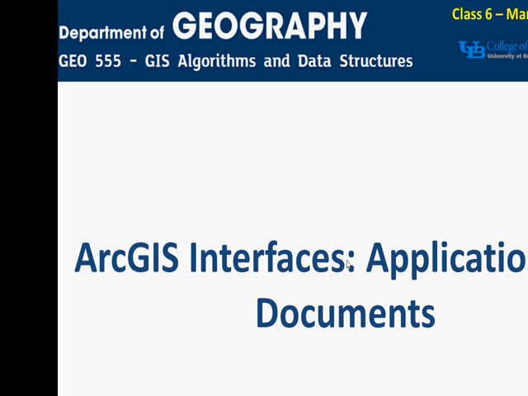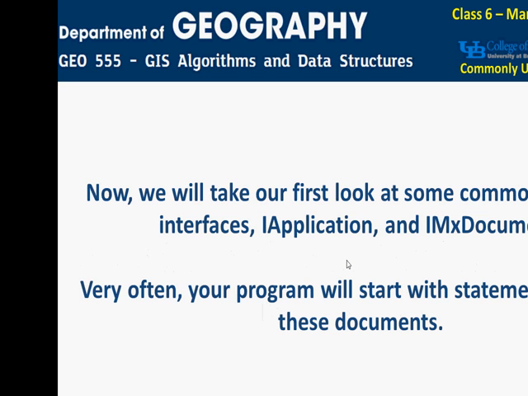So now we're going to start working with specific interfaces and classes that you will use on a regular basis in our project. Two of the most commonly used interfaces are very often the two you'll start your program with, iApplication or iMXDocument.